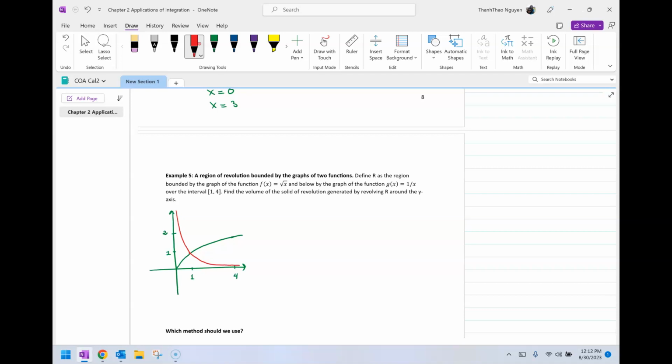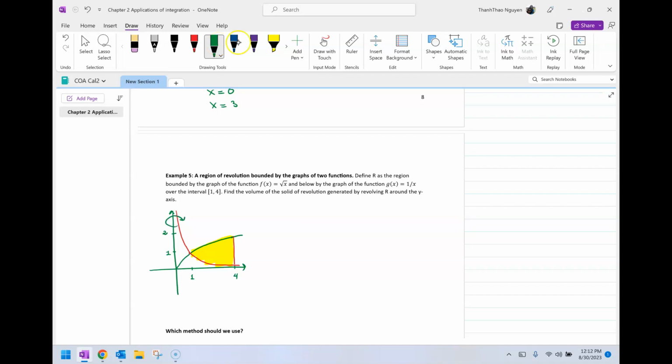And we want the region in between 1 and 4. So this is the region that you're looking at. And we then rotate it about the y-axis.